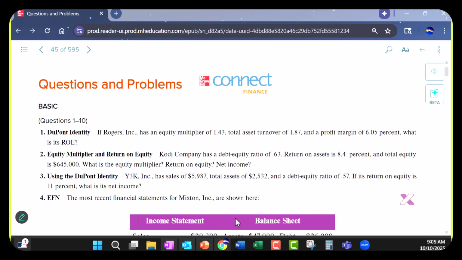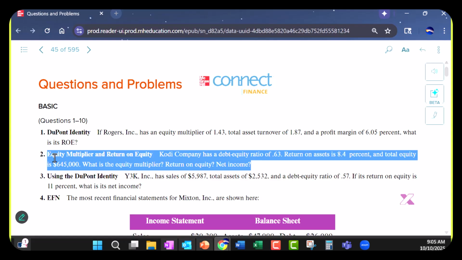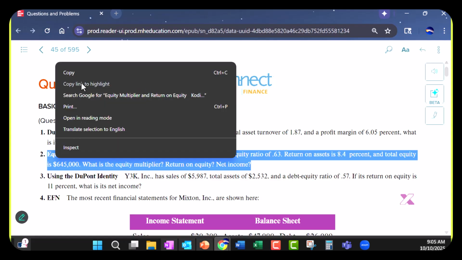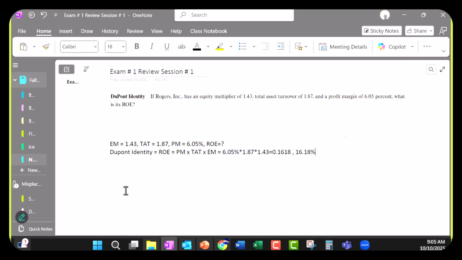So let's do another. Let me see if it's going to let me copy paste. Oh, this time it does.